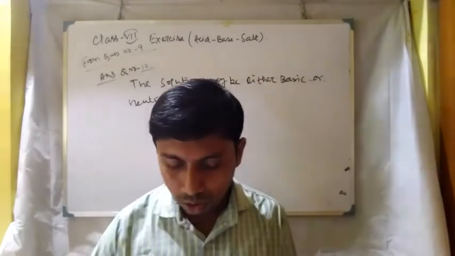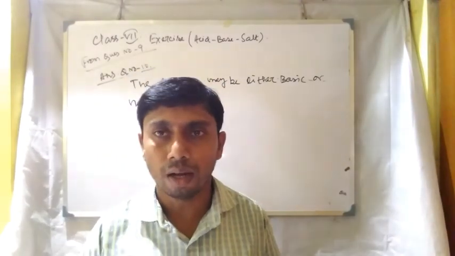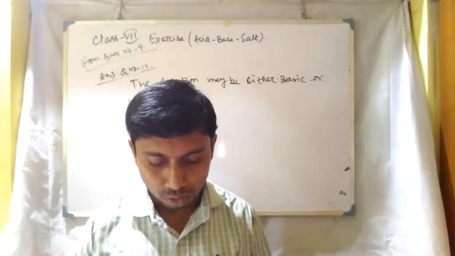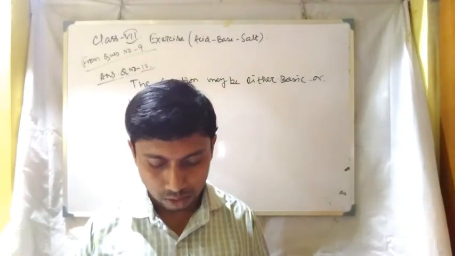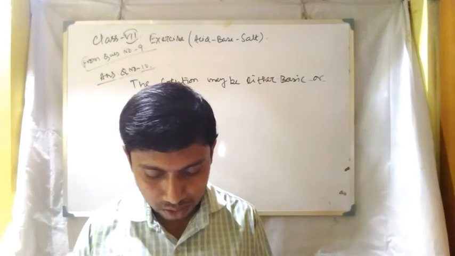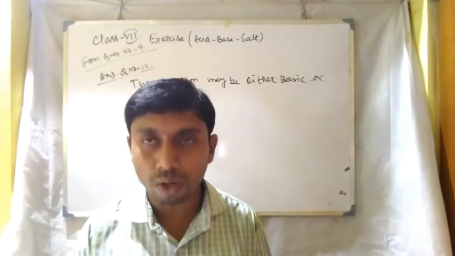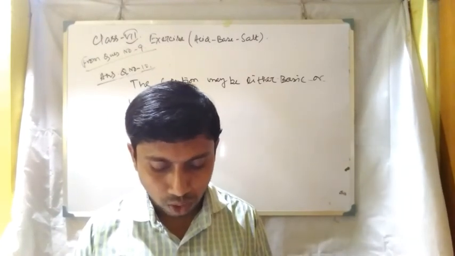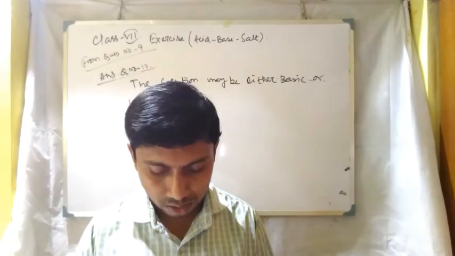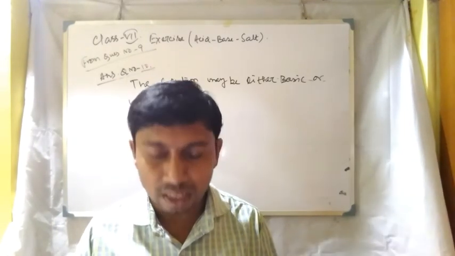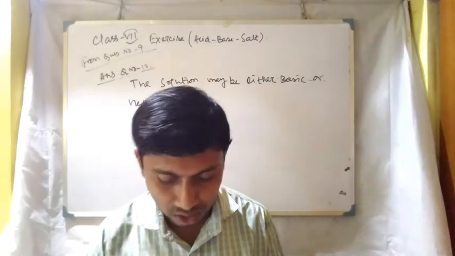So the fourth one is the important one because it is true in nature. Option 1 is all 4 are correct. Number 2, A and D are correct. Number 3, B, C and D are correct, and number 4, only D is correct.